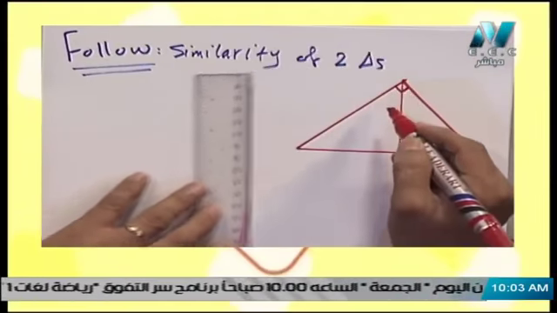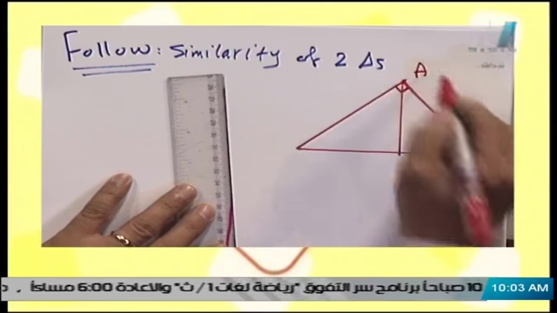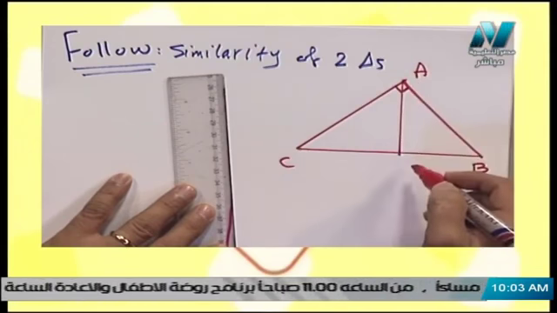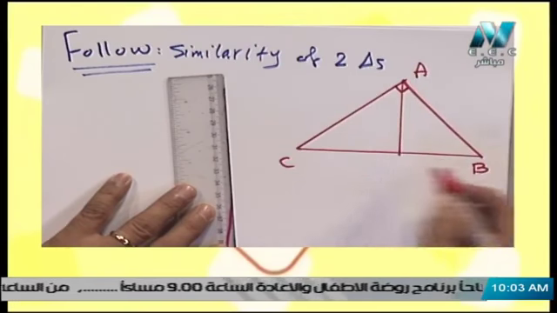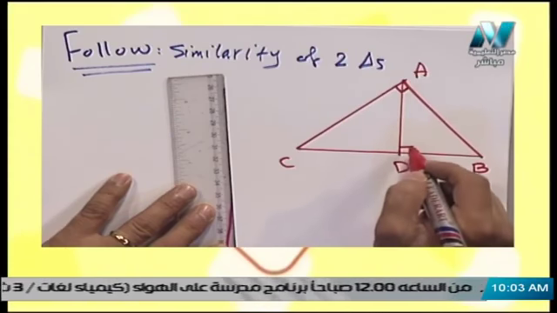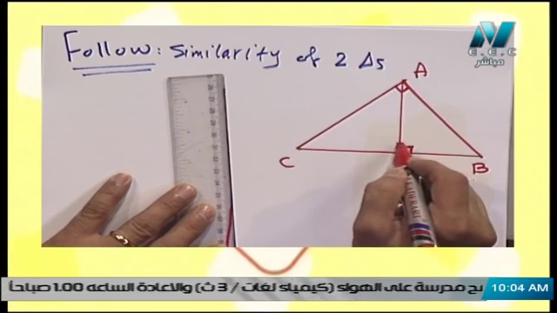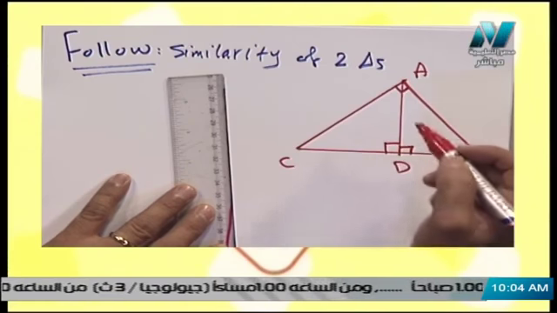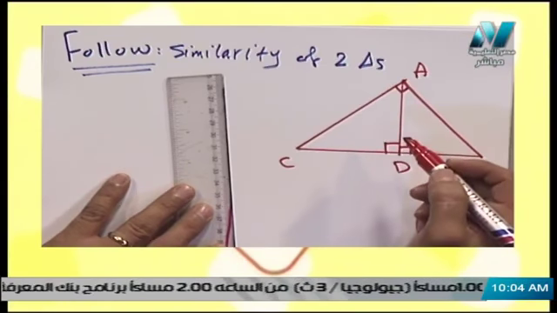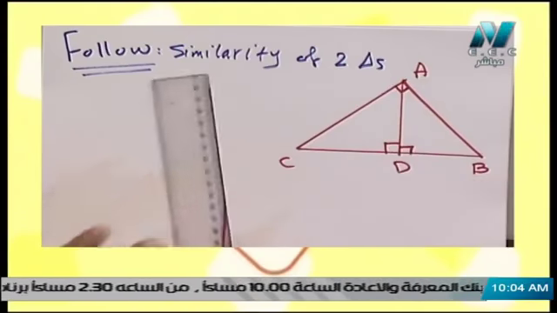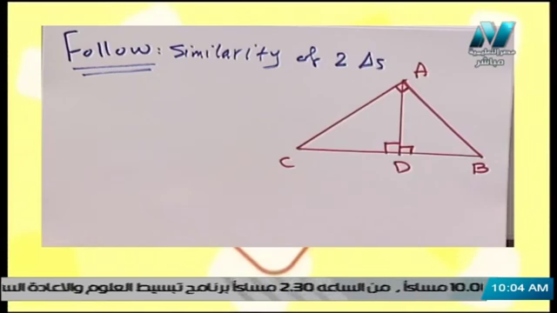We have here a right angle triangle ABC, and we draw perpendicular from A to BC, which intersects CB at D, and we have here a right angle. Of course, we have here a right angle also. So from previous studying in second primary preparatory, we remember about the Euclidean theorem. What is the Euclidean theorem?